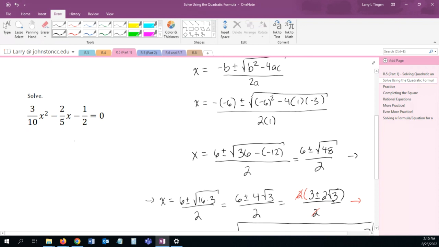How did I get rid of fractions earlier? How did I get rid of fractions just a bit ago? Multiply. That's exactly right. What did I multiply by?